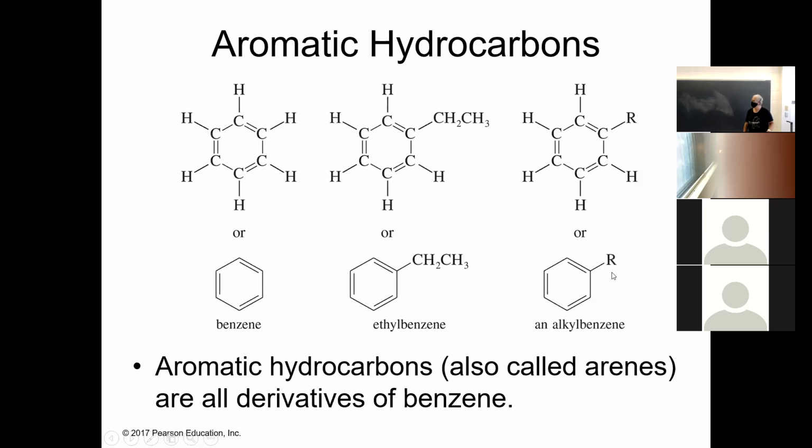Okay, so here's that symbol R. R is some indefinite carbon group. Okay, so this could be a CH3, it could be 2 carbons, it could be 100 carbons. Okay, and generally, as long as the carbon chain is all single bonds, it's really not going to do much in a reaction. It's the benzene that's going to react.